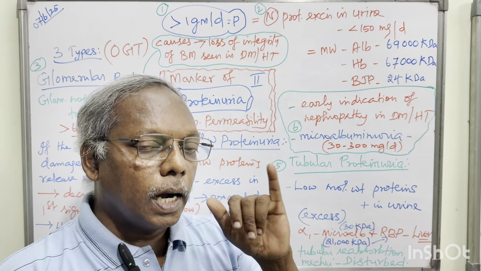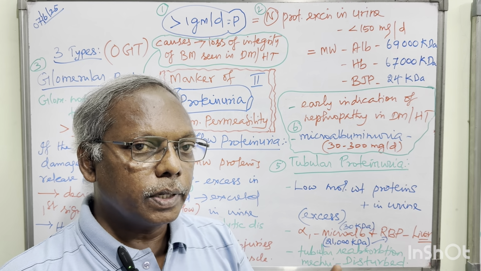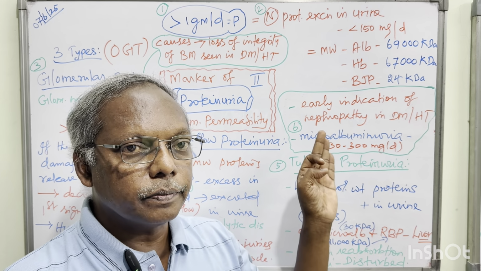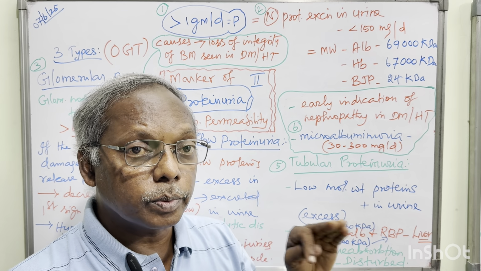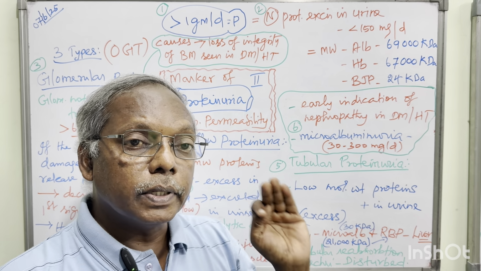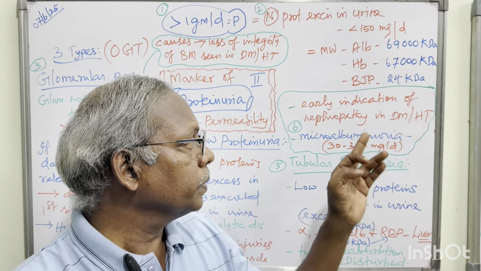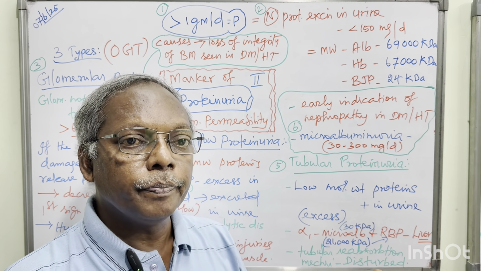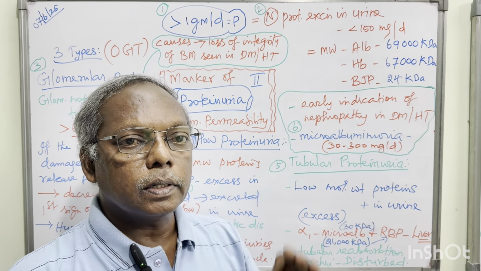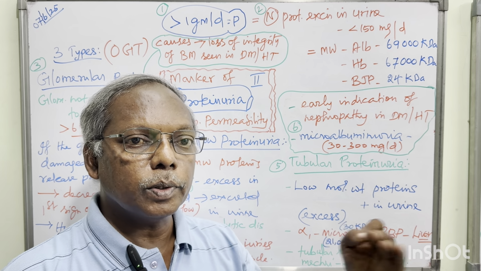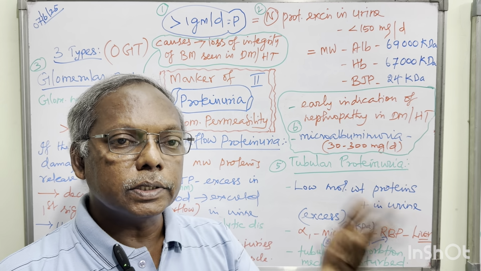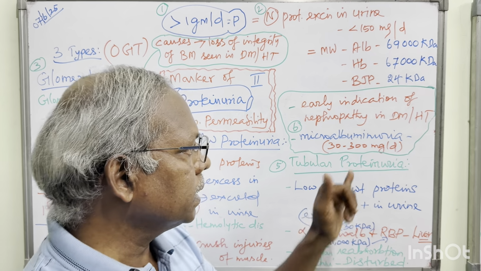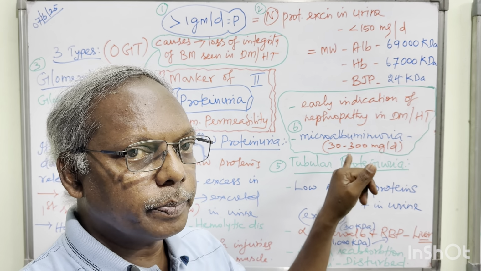Understand? Hypertensive patients and diabetic patients will go for a microalbuminuria test every 6 months or 1 year. If their urine has some amount of microalbumin, that is 30 to 300 milligram per day, the patient will go on to kidney diseases, that is diabetic nephropathy, hypertensive nephropathy, like that. Okay, that is why microalbuminuria is very, very important.